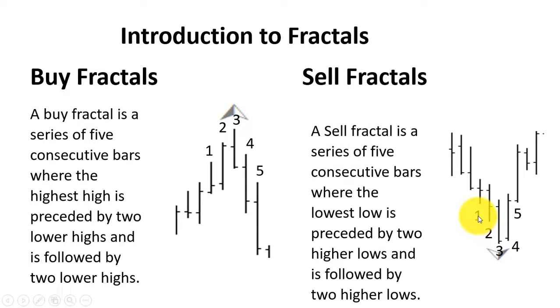So we have 1, 2, 3, 4, 5. This is the lowest low here, but before it there are 2 higher lows, and after it there are 2 higher lows as well. You can call it a fractal or a pivot point, but B. Williams referred to it as the fractal.